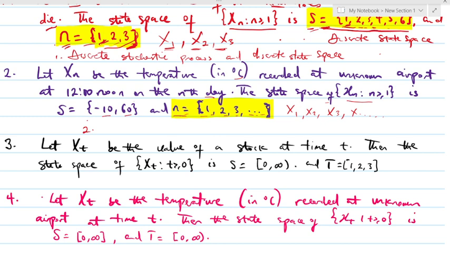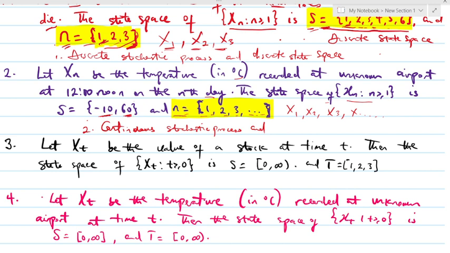Because of this n, which is infinite, we have a continuous stochastic process. And so let's consider the sample space we have now. Here we only have 2 elements in this state space. So we have minus 10, that is, it is very cold, it's below freezing point, and 60, this is very hot.